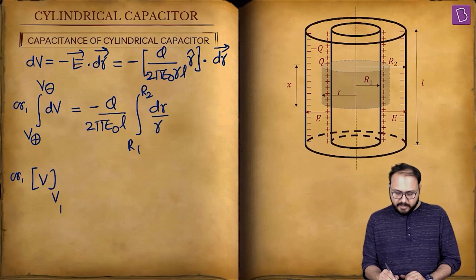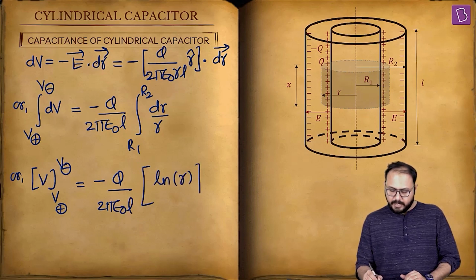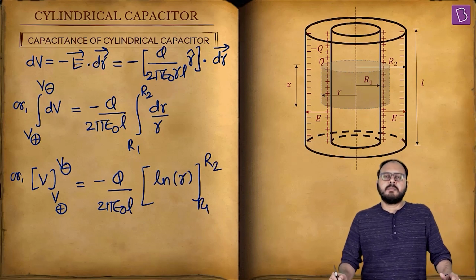Integration of dV, again V plus to V minus. No problem. Minus Q upon 2 pi epsilon naught L, ln r from R1 to R2. Take your time.